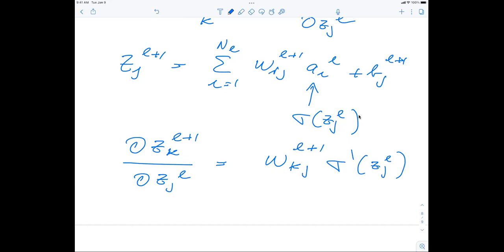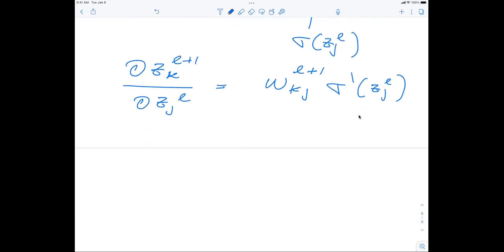So what we have then is the final stage. We have a parameter delta_j of L, which now depends on the results from the layer ahead of it. So that's going to be given by delta_k of L plus 1, which we can calculate.